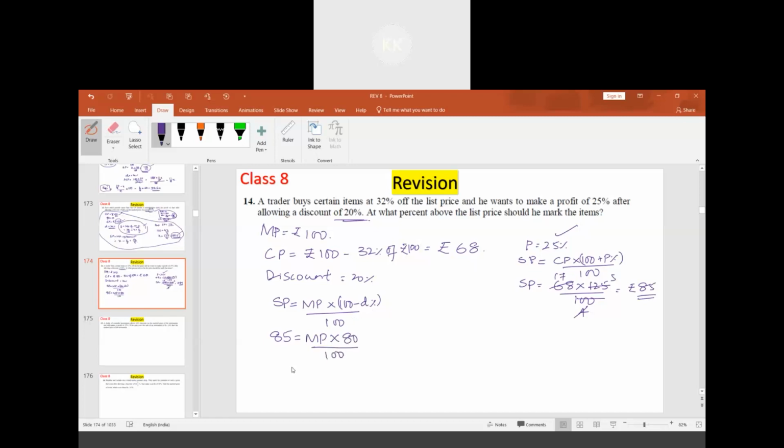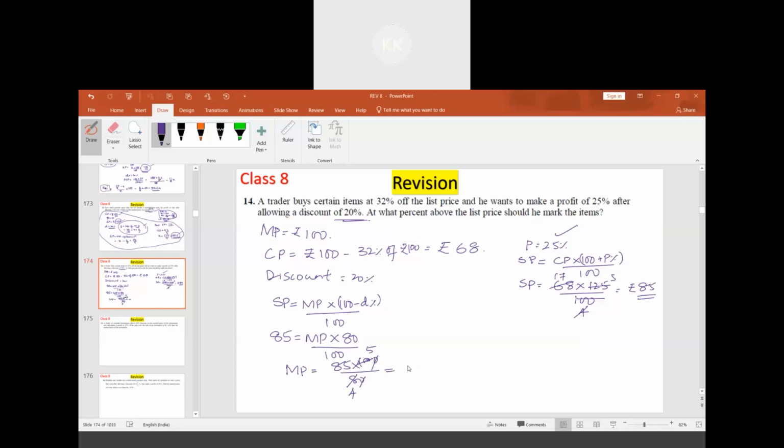So we can find out the market price. Market price will be 85 times 100 divided by 80. This is by cross multiplication. The zeros get cancelled. Further we can simplify this to 4 times 5 times.